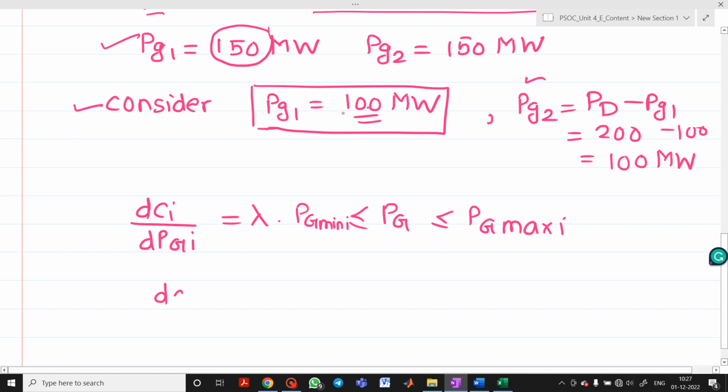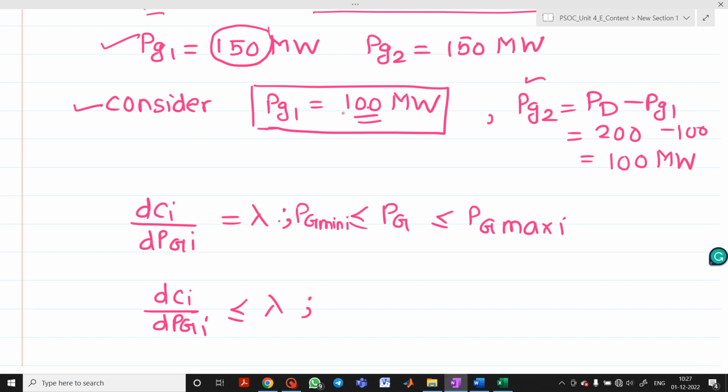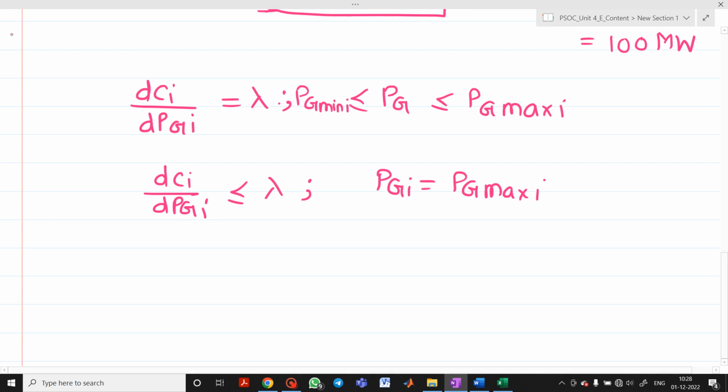Your dCi upon dPgi will be less than or equal to lambda when Pgi is equal to Pg maximum i. Please see it carefully.